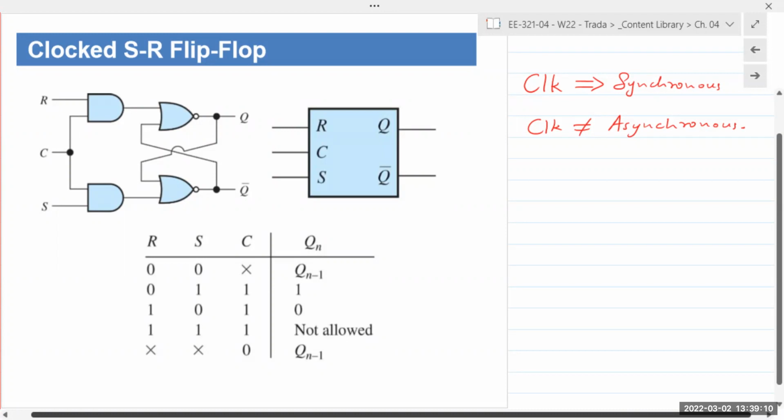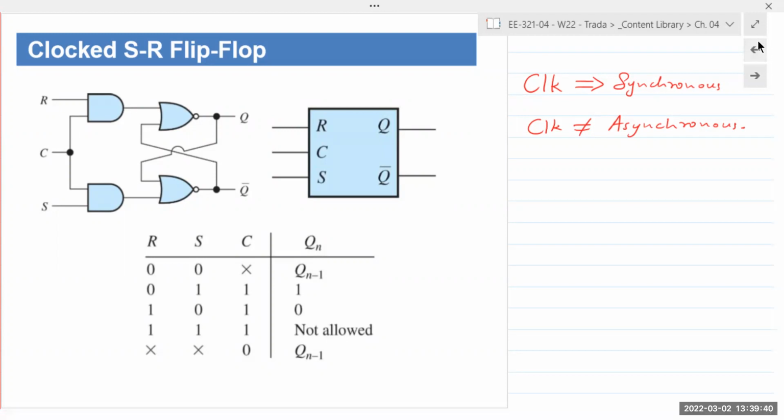And so this remains at the previous state, and hence Qn minus 1 again when the input is 0, 0, which is what we have for a regular SR flip-flop. So the only thing the clock is doing is enabling or controlling when the output will change. Other than that control, the SR flip-flop operation remains the same.